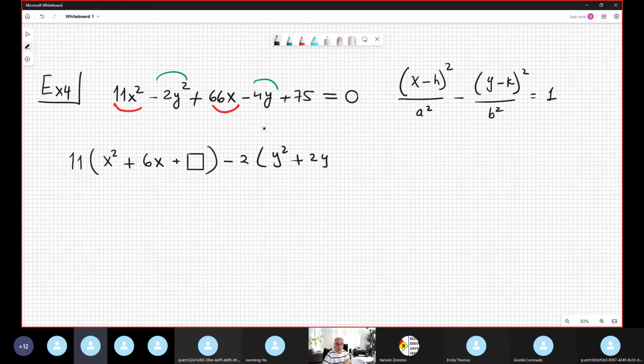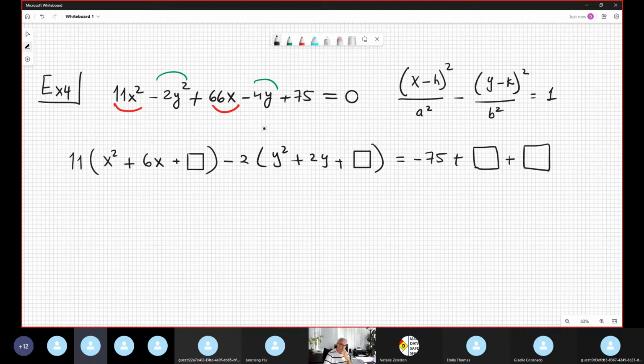Plus another magic number to complete the square. And in the right hand side, I move 75 negative and 2 boxes. And these 2 boxes contain 2 numbers that allow me to keep the equilibrium of the equation.